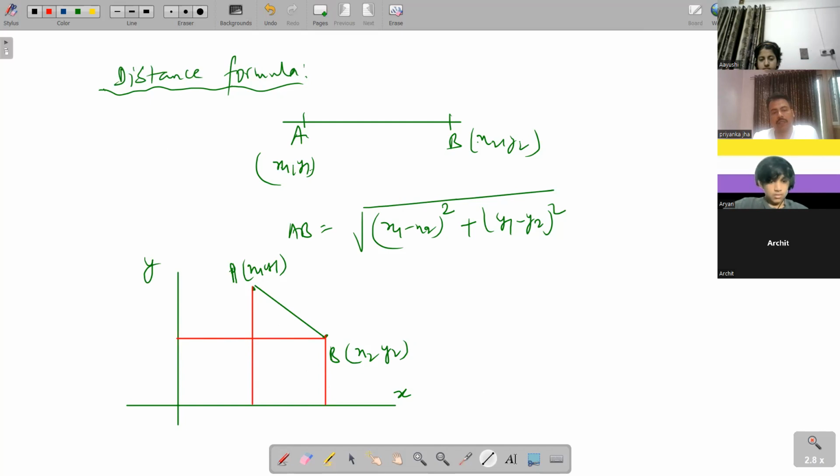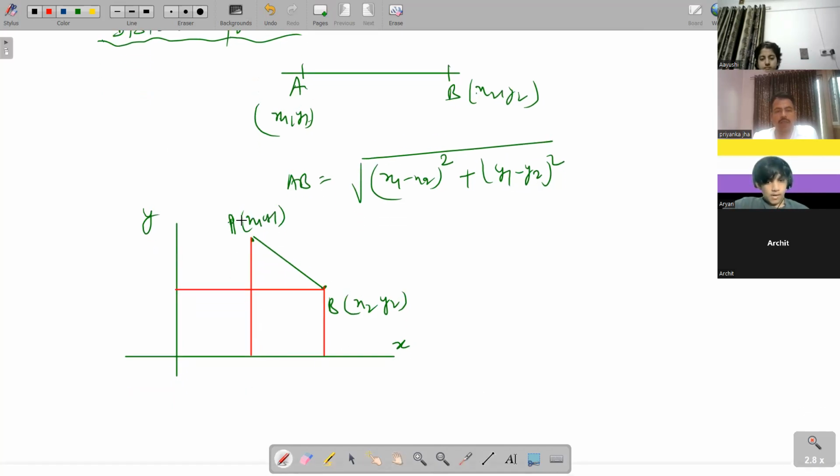Now you can see that the x and y coordinates of this point are x1 and y1. So this distance will be how much? X1 from here to here, and this complete distance will be y1 from here to here. For this, it will be x2 and this will be y2.